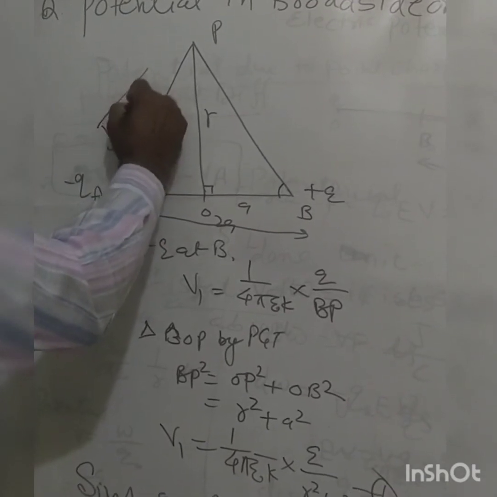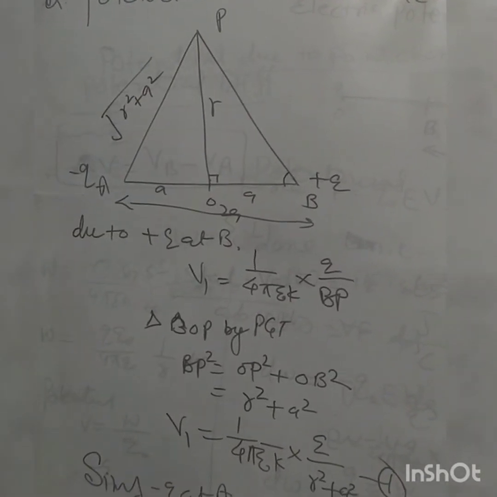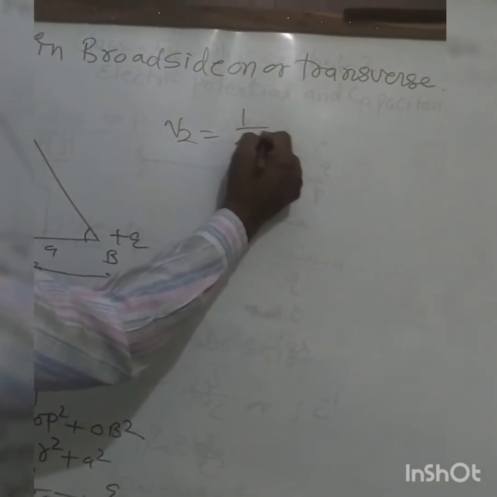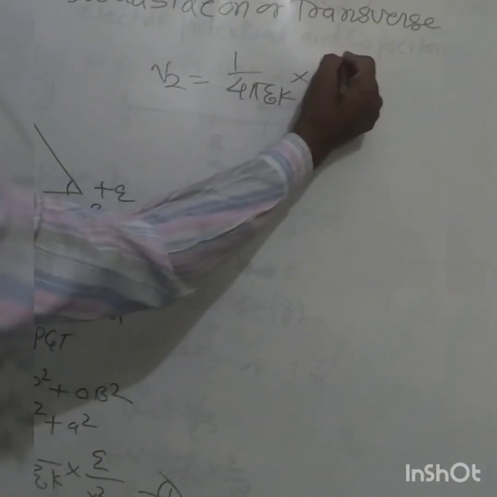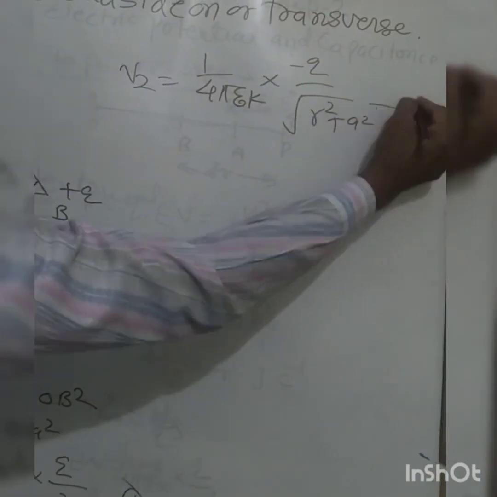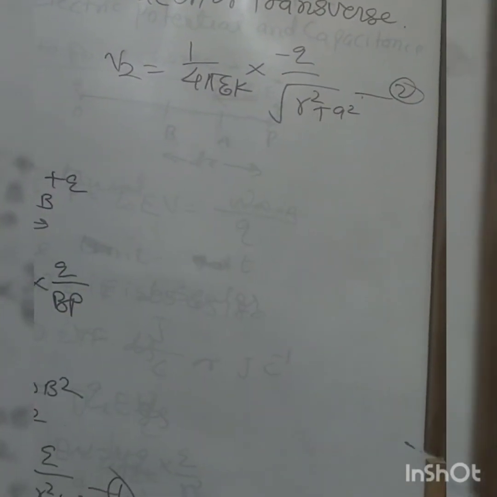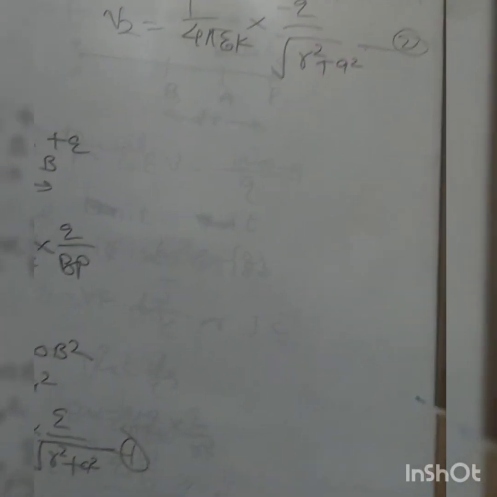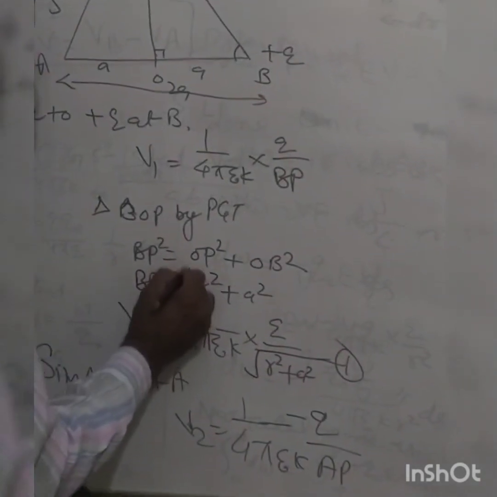So AP is under root R square plus A square. We put the value: V2 is equal to 1 upon 4 pi epsilon naught, K into minus q upon under root R square plus A square. This is equation number 2. So BP is also equal to under root R square plus A square.